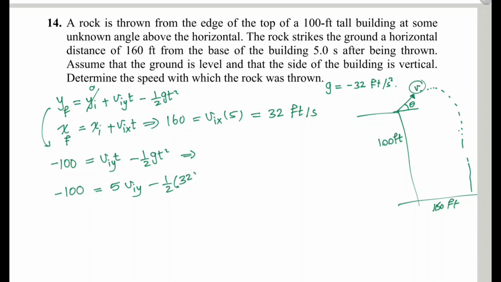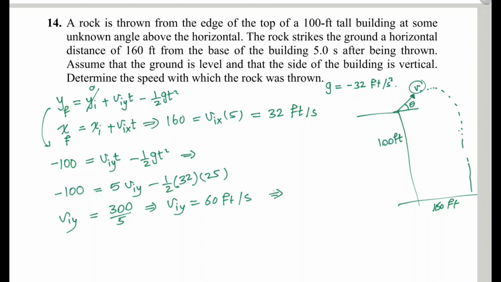So it's 32 times 25, it's 5 squared. So the initial y, you solve this one here, you'll find it's equal to 300 divided by 5, or the initial y equal to 60 foot per second.